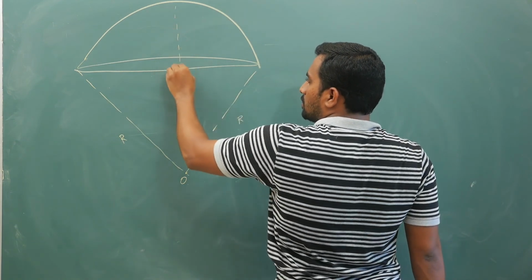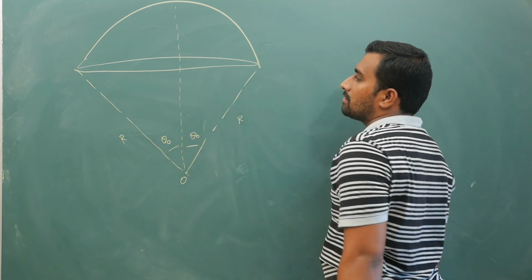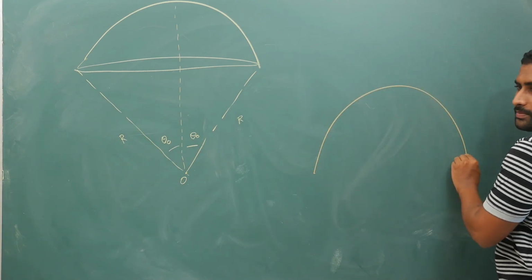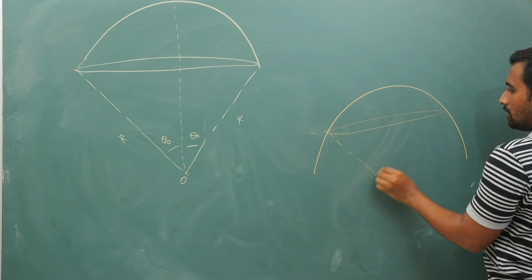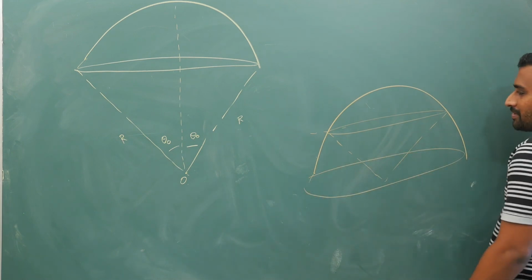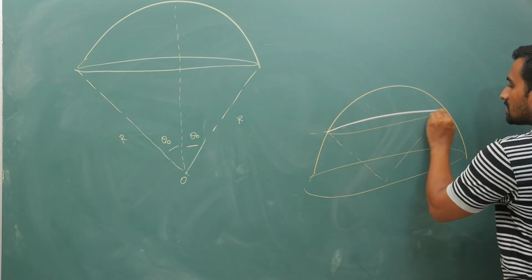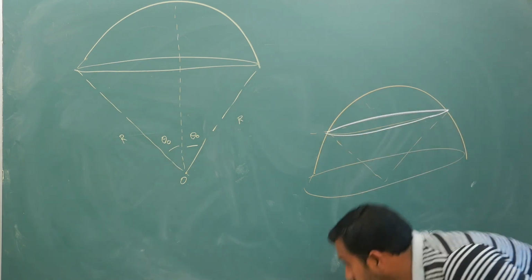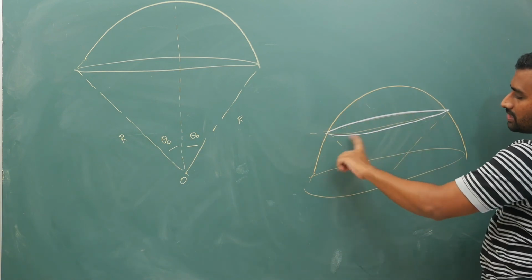This is your center, this side angle is theta naught, this side angle is theta naught. First, I am taking a hemisphere. Out of this hemisphere, I am cutting out the top part, only the top part, and separating it. This cup, this ice cream cone, is not perfectly a hemisphere, it is a cone, right? So I am cutting off this bottom part.